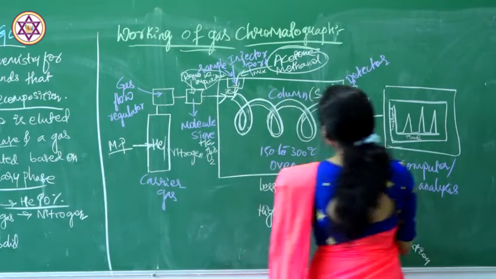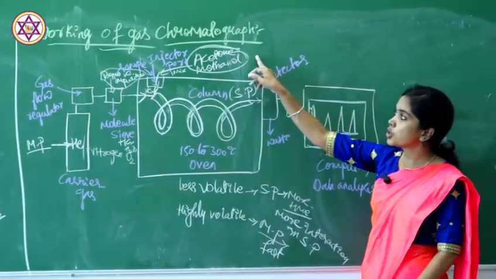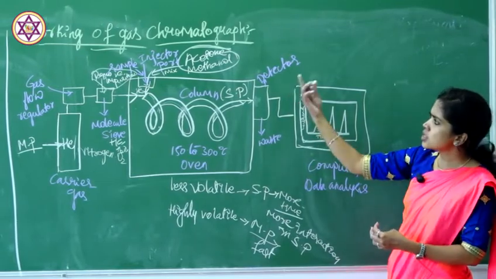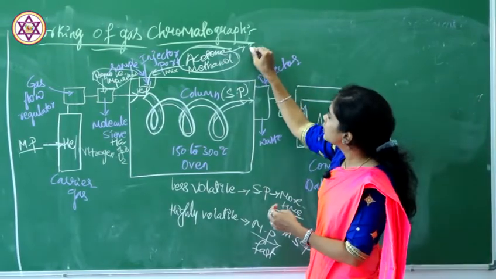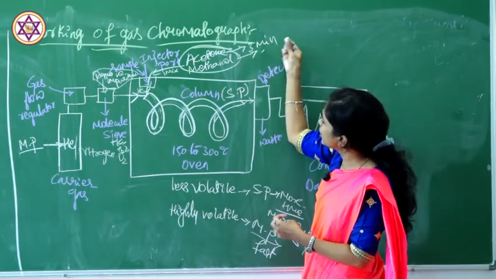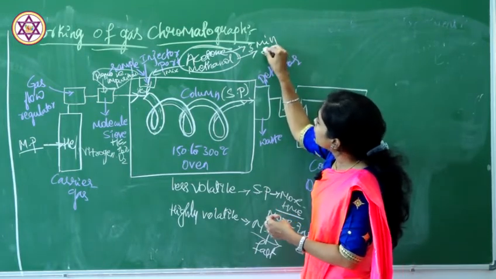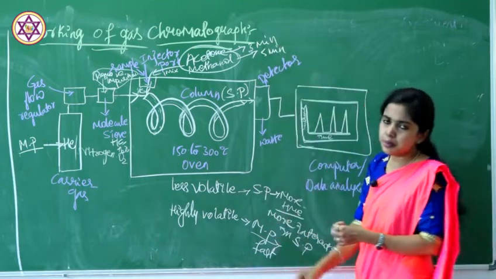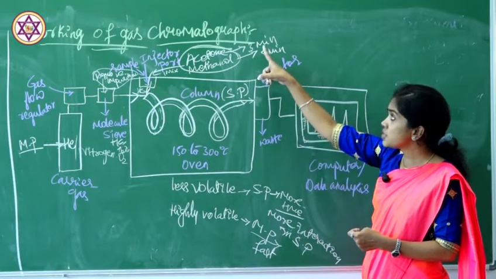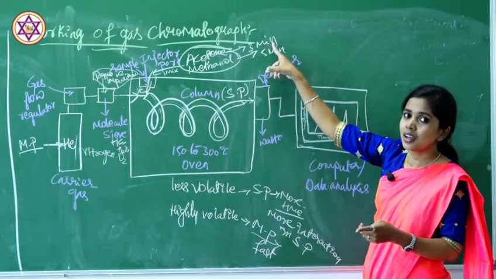For example, as I said here, we have a mixture of acetone and methanol, where acetone will elute at 3 minutes and methanol at, let me say on average, 5 minutes. Which one elutes first? That is acetone.